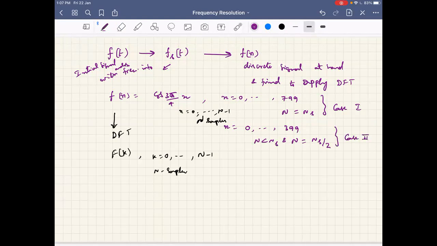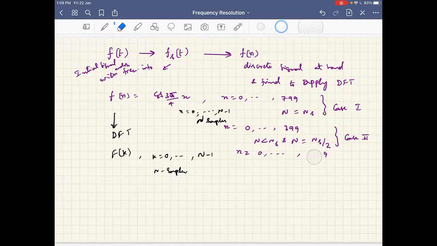In the third case, I may take more samples. So assume that I took up to 2399.